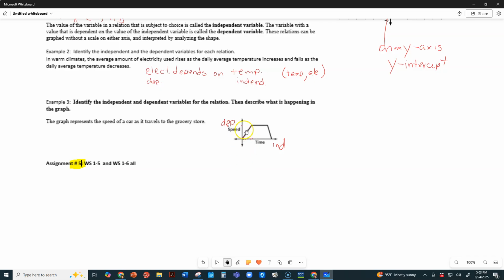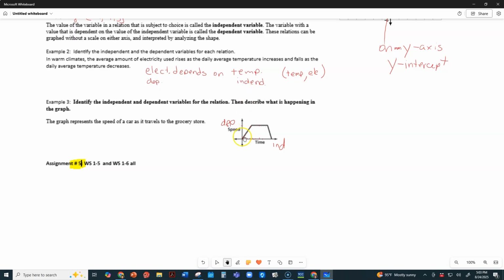We'll learn later that that's called a positive slope. But what's happening is as time increases, speed increases. Okay, so then it looks like the time is continuing to go. We're still counting time. We're still moving along the x-axis right here. But what happened to my speed? My speed kind of leveled out.